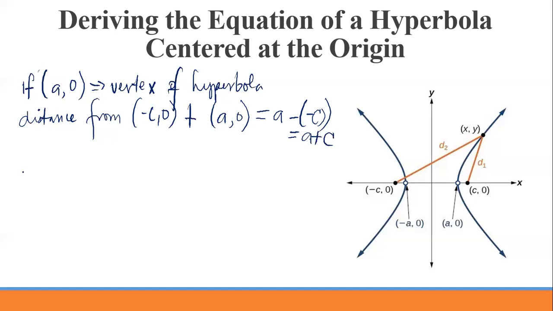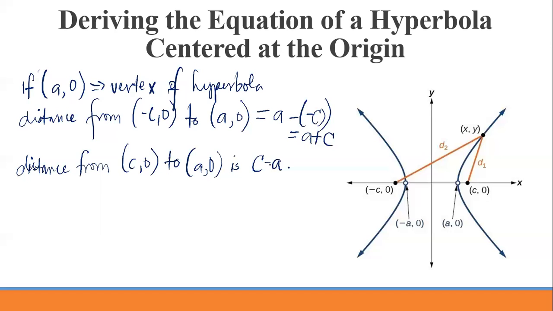And then the distance from (c, 0) to (a, 0) is c minus a.